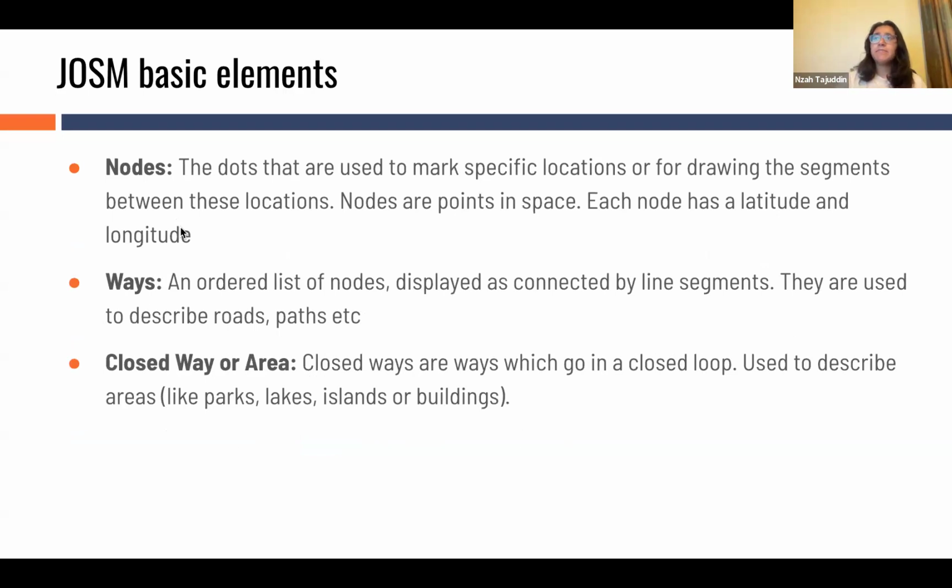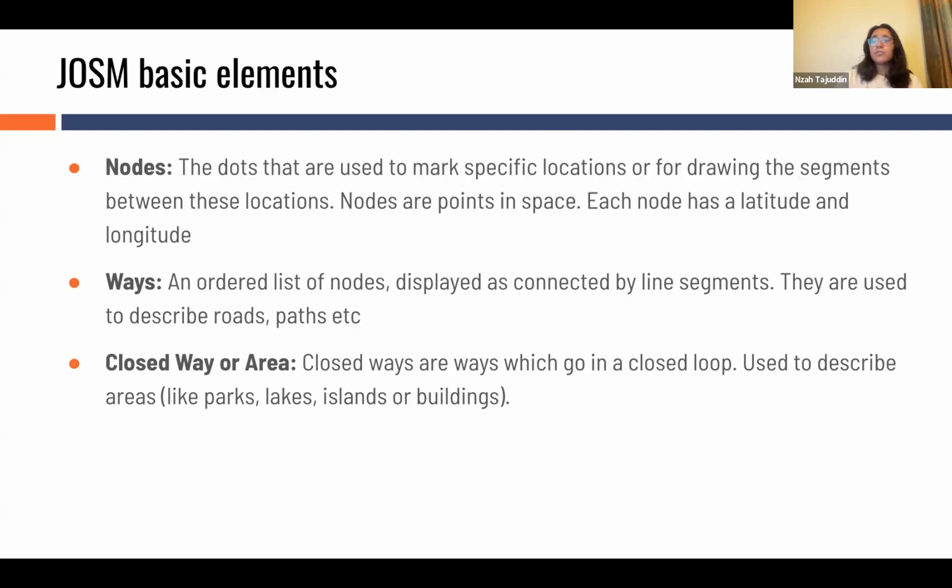And there are three main basic elements: nodes, ways, and closed ways or areas. Nodes are usually dots that are used to mark specific locations for drawing the segments between locations. They're typically points that exist in space. Each node has a latitude and a longitude.